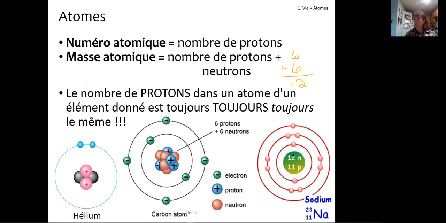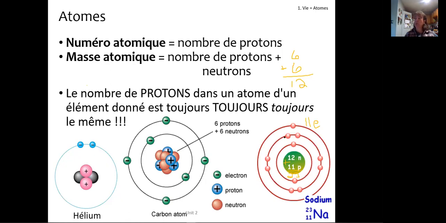Here's sodium. This is a different way that it's telling us there's 12 neutrons plus 11 protons. Look at that. There's a different number. So its atomic mass is 12 plus 11 equals 23. How many electrons are there? 1, 2, 3, 4, 5, 6, 7, 8, 9, 10, 11. 11 electrons, and there's 11 protons.